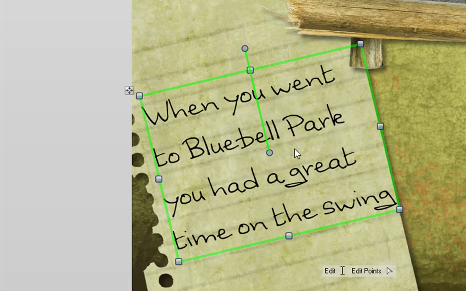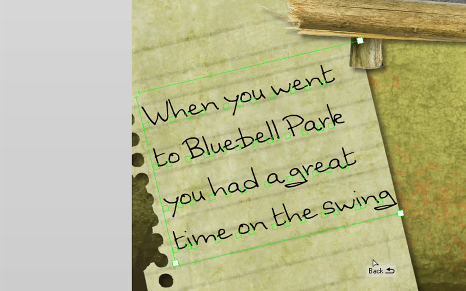Now the second thing here is I actually want to make this text look like it's been written on the lines, and as you can see the top bit of text is on that line there, but as we go further down the text is no longer perfectly aligned with the lines that are on the piece of paper in the background. So I'm going to choose my edit points again. And the slider on the left hand side is called leading.